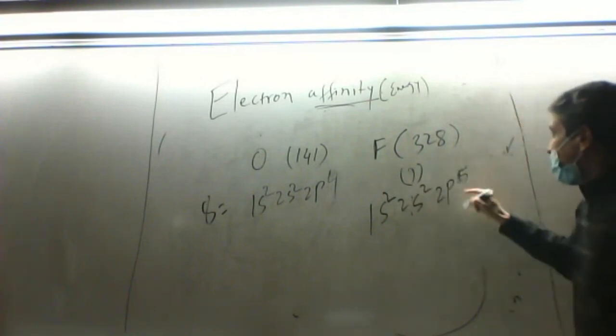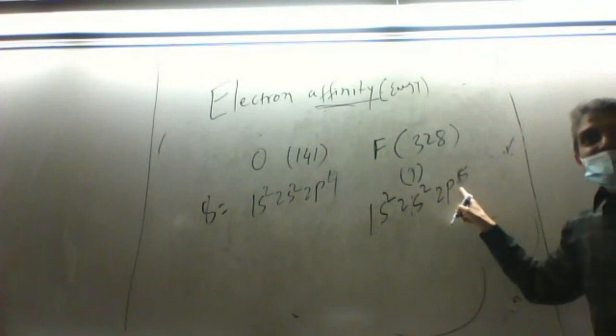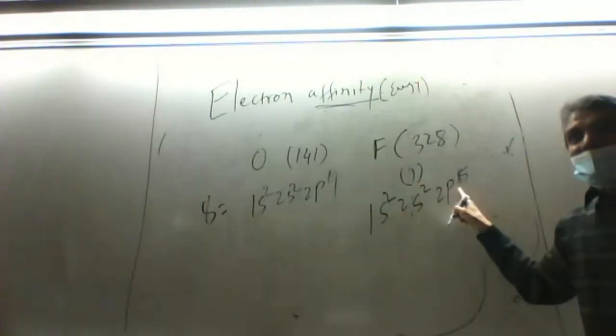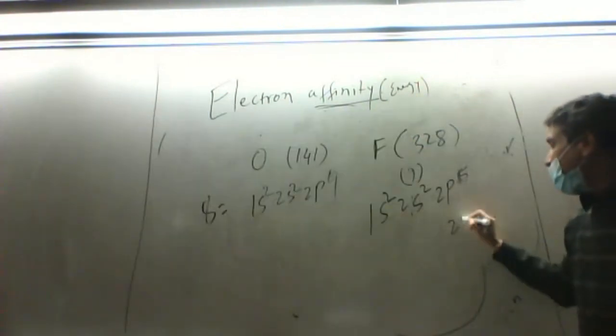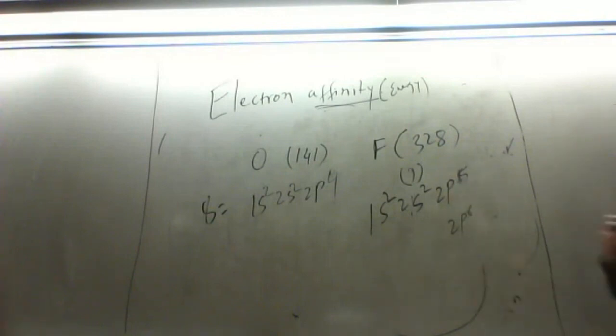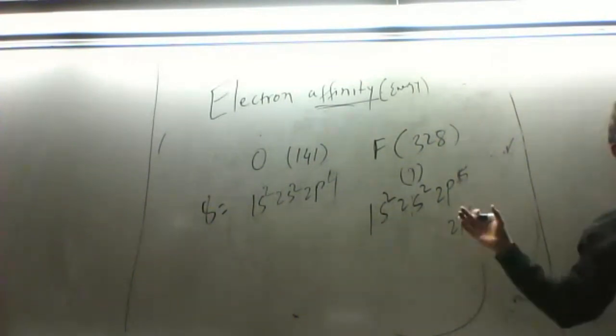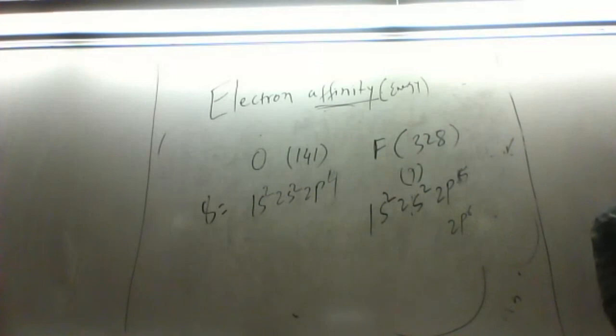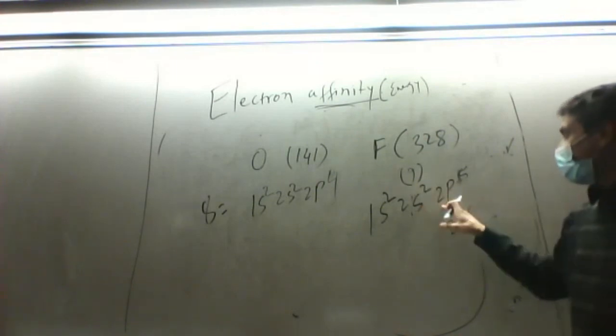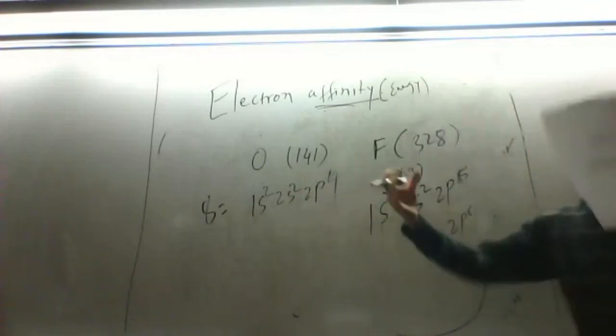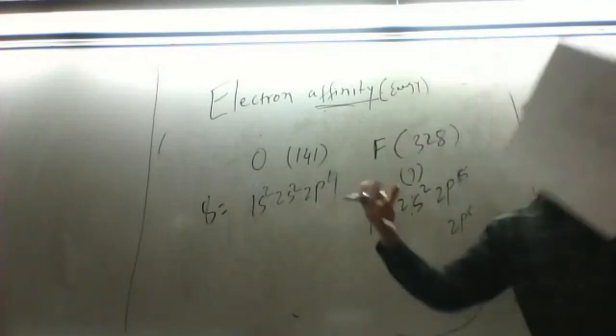Now you see that this is a tiny bit less than satisfied, right? It can have a 2p6, but it has 5. So it is very desperate to have one more electron to make it 6 and be stable. Make sense? So this one is really looking for another electron, saying where can I find an electron.